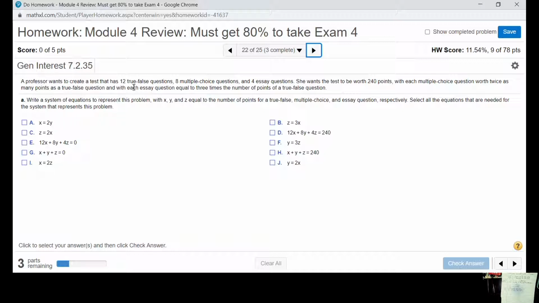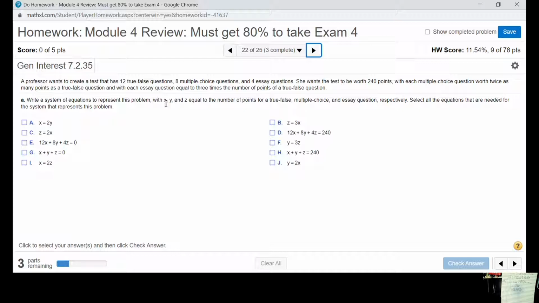We're wanting to know how many point values there are. So since they tell us how much of each kind of question there are, we know how the 240 points are going to add up all together, right? So if X is the number of points for a true false question, and we have 12 of those on this test, that's 12 times X, the point value for that type of question.